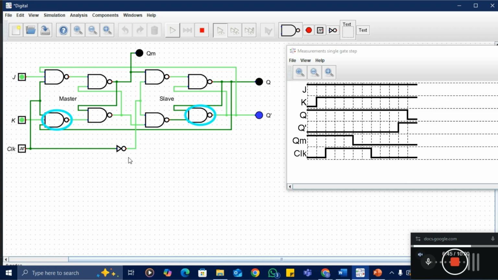When this is active, it will be toggling here. Previously it was 1 and it is becoming 0 here. I am showing this step by step, that's why it's taking time. Now this is active and this is inactive.